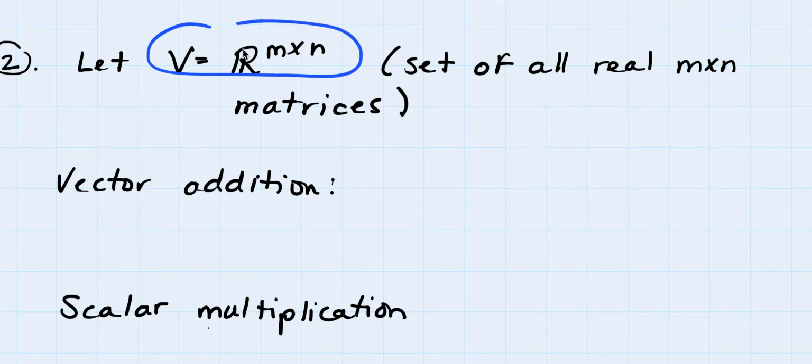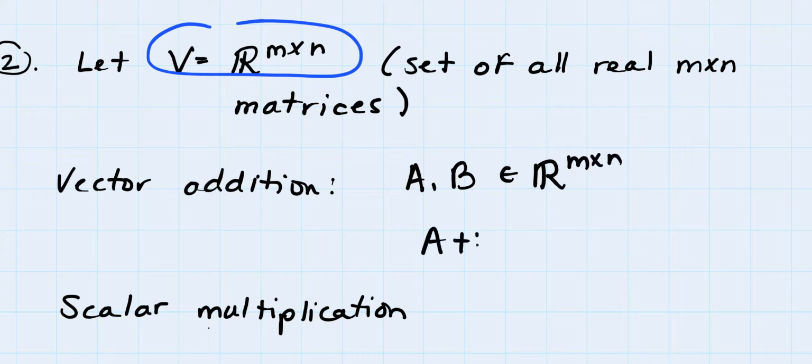They're a vector space when you let the vector addition be the following. For matrices A and B in R^(m by n), A plus B is exactly how we defined A plus B when we first started talking about matrices. So just the normal matrix addition.